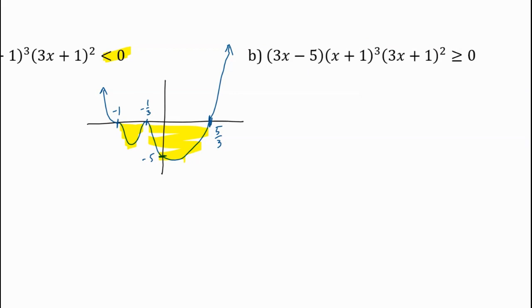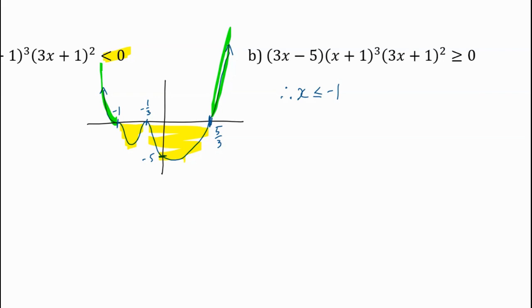Notice the next one's the same function, so we don't have to do all that work again doing the sketch, just to speed things up. But now it's greater than or equal to 0. So now we're going to go back and read the graph and notice that it's greater than there and greater than there. So when x is less than or equal to -1, there's another little trick here.